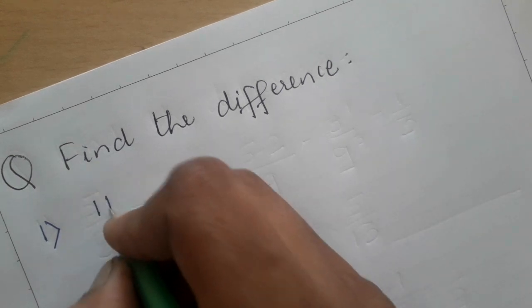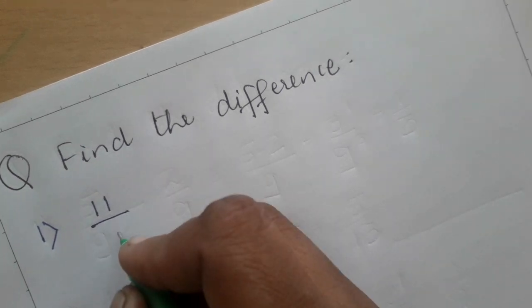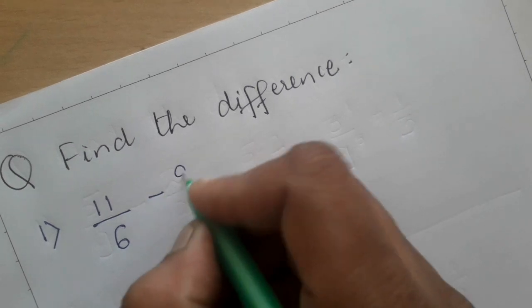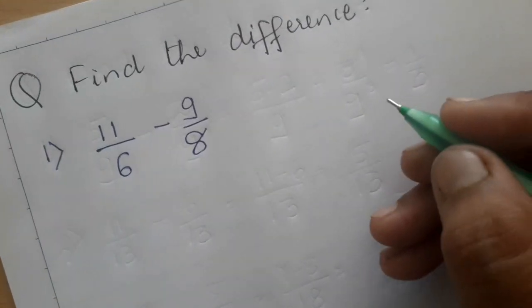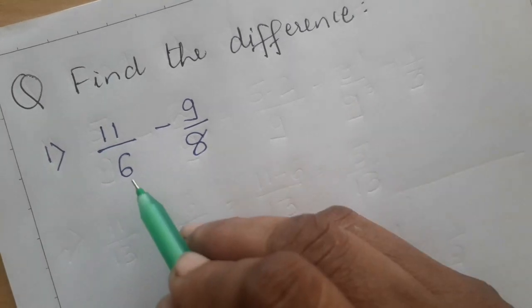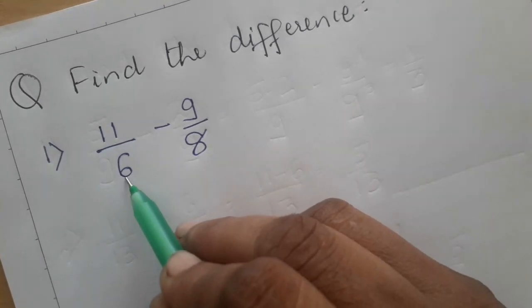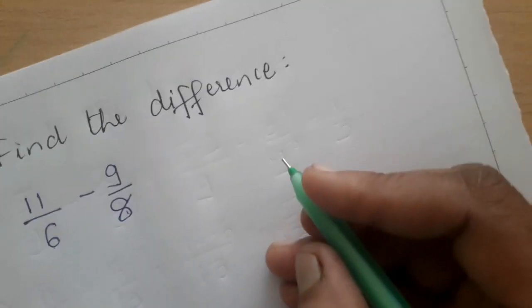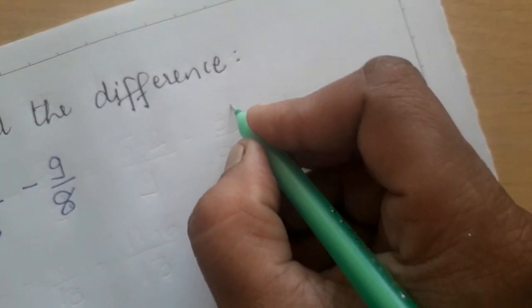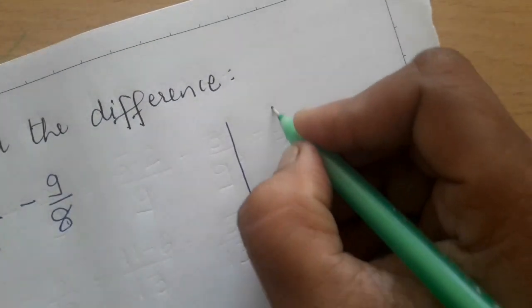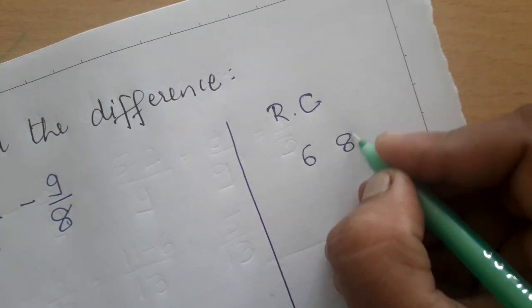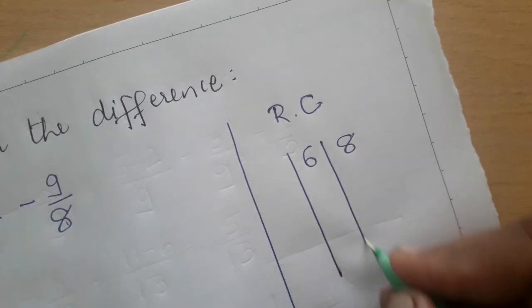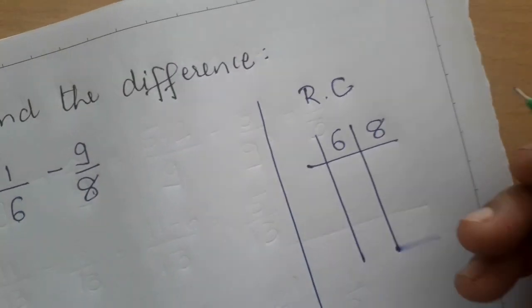Let us start with the question, say 11 upon 6 minus 9 upon 8. Okay. So what will be the first step? That is, you have to find out the LCM of 6 and 8. So here I will make a rough column and find out the LCM of the numbers given in the denominator.